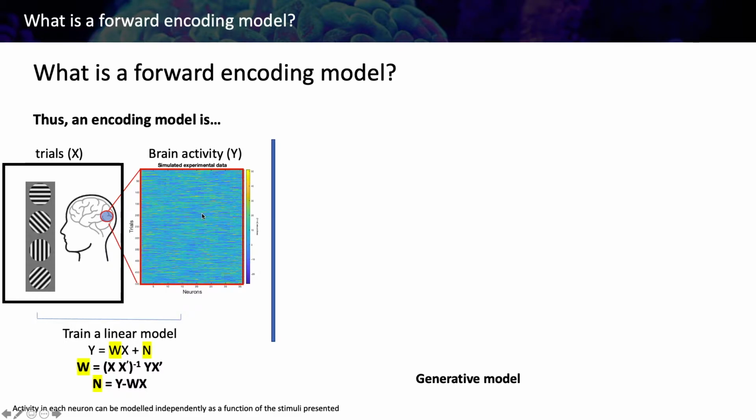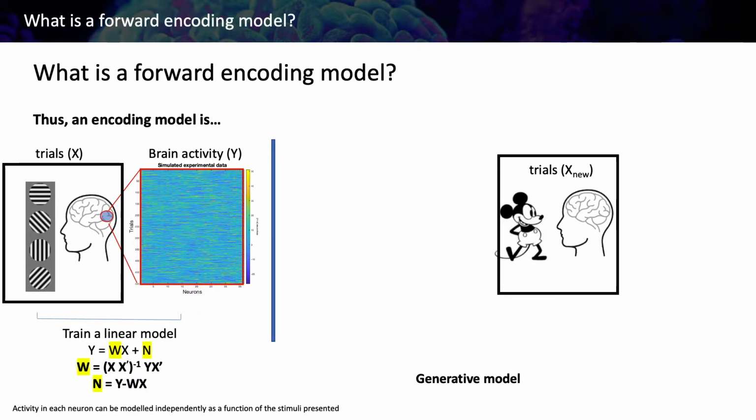So what is the next step once you have trained your model to predict brain activity? You have to test whether your model is actually generalizing to new stimuli. So what would be one possible test? Similar to cross-validation, you present new stimuli to the participant.